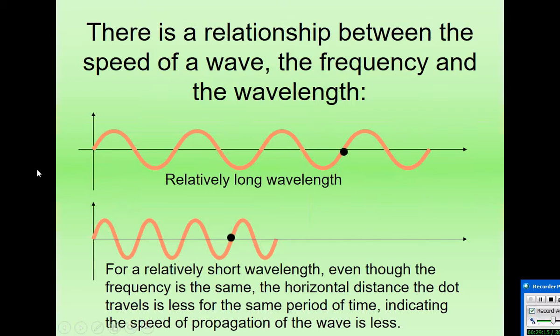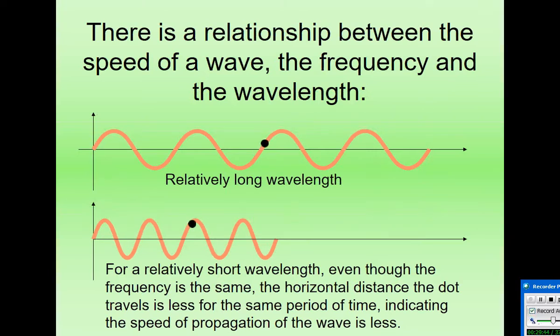But another thing is frequency. Take a look at the two animations, and the dot that you see moving from left to right in the two different locations is supposed to represent the propagation of the wave. What we have are these two dots, both with the same frequency. They're oscillating up and down at the same rate.